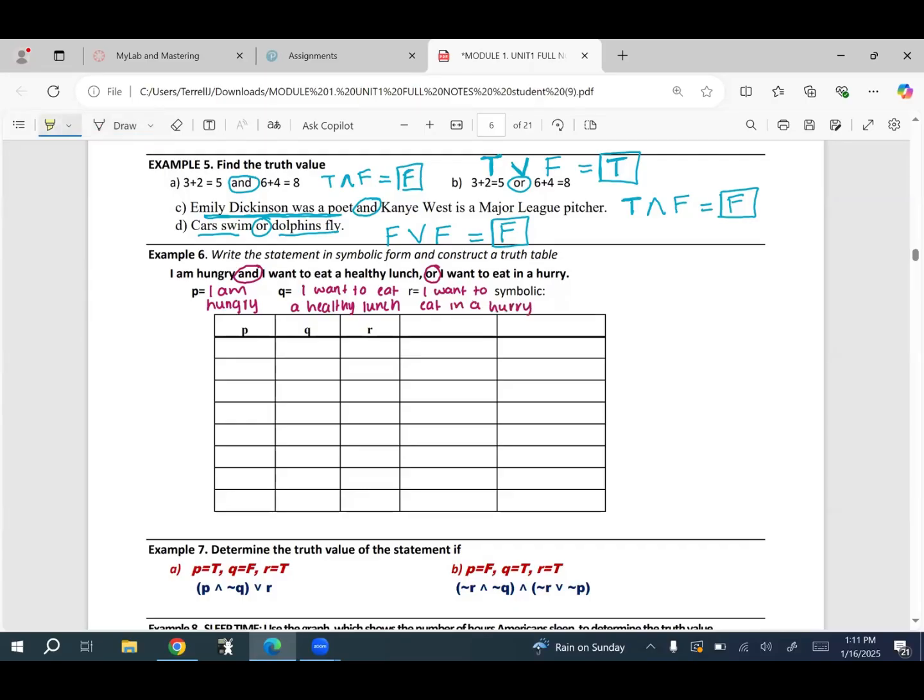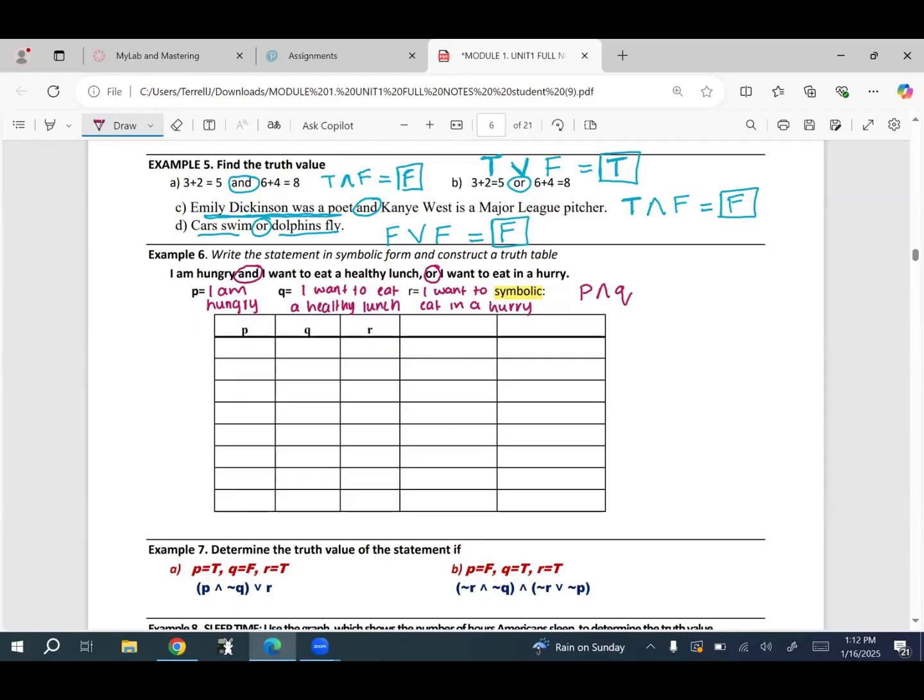Now, this is important. It says, write it symbolically. So I'm going to read this sentence again, and I'm going to try to write it with the variables and the symbols. I am hungry. We said I am hungry is P. And means, this is the symbol, like the backwards V. I want to eat a healthy lunch. We called that Q. And then there's a comma.